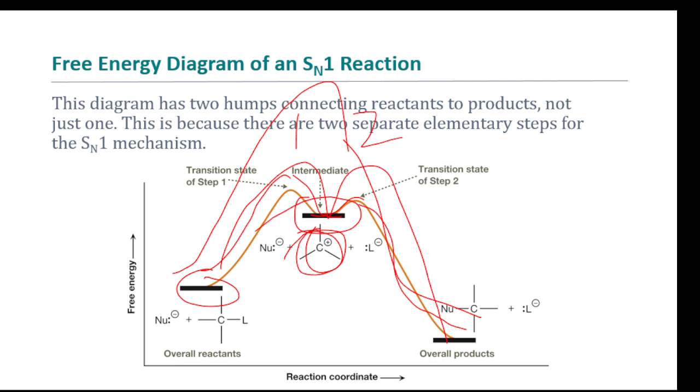A lot of this depends on the height of the hill here versus the height of this intermediate, which one's higher, and which one would happen. Does that kind of make sense? Yeah, it's a bit like splitting them up and then rearranging it. Because typically an SN2 is going to be initiated by the attacking nucleophile.